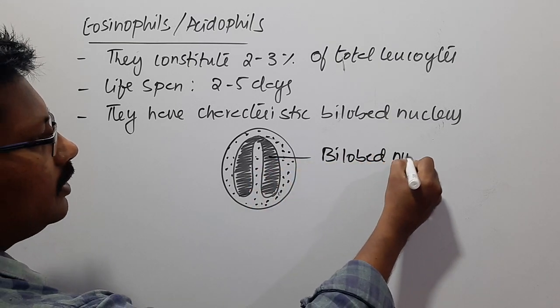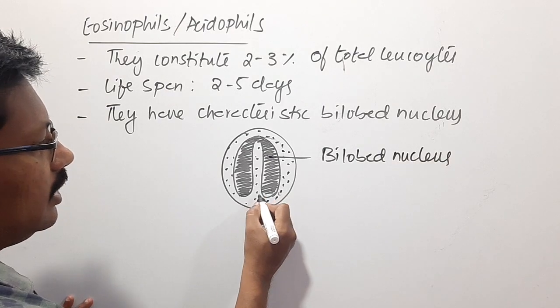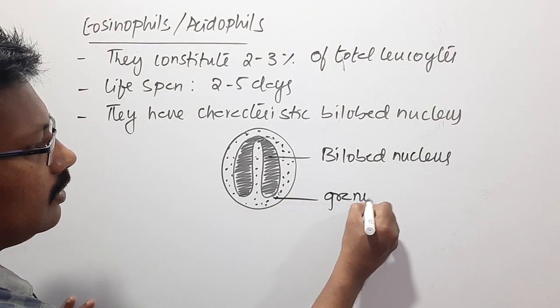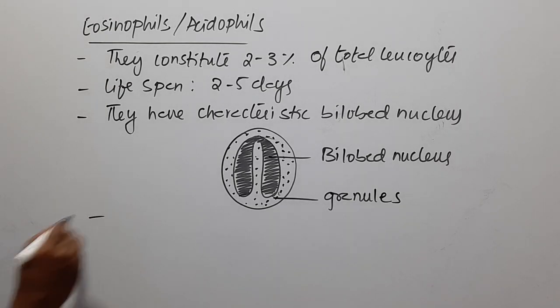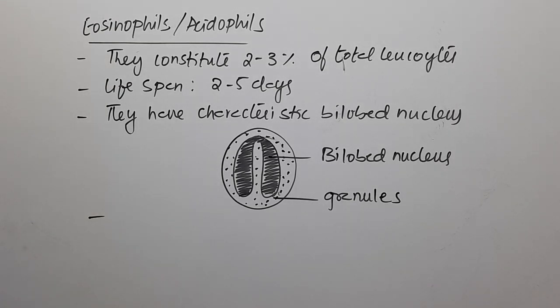So bilobed nucleus, and these are all granules. This is how the eosinophils look.